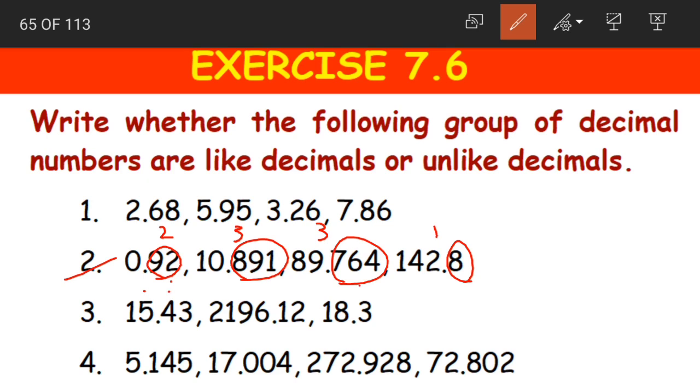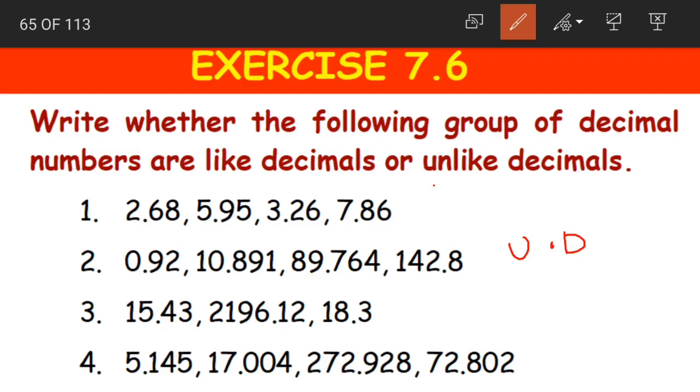All the given numbers have different numbers of decimal places. They are not the same. So these are unlike decimals. Let me write the short form, UD, U for unlike and D for decimals.